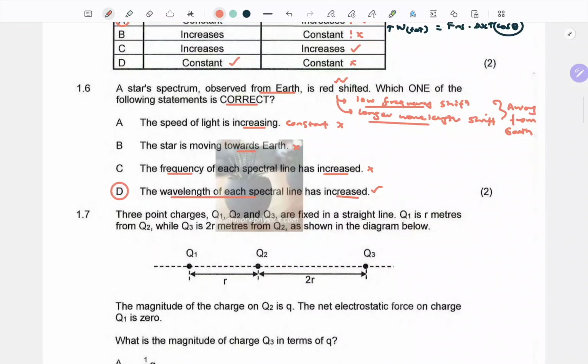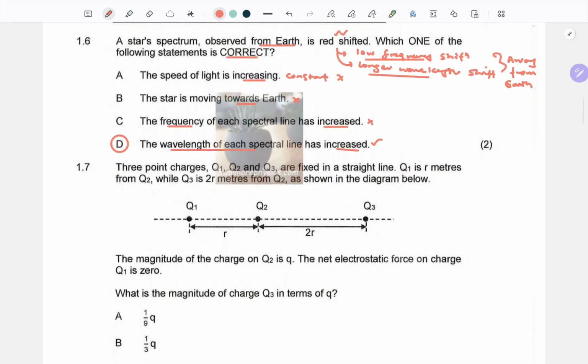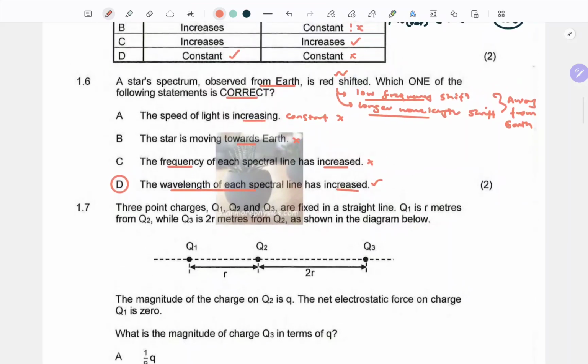Nice and easy. Usually questions on the Doppler effect involving star movements or the galaxy are very easy, although it helps to understand the basics, to then make a decision when statements like these are brought to your face. Because it would make sense on the outset to say, look, if the star is moving away, there's a chance that the speed is increasing.